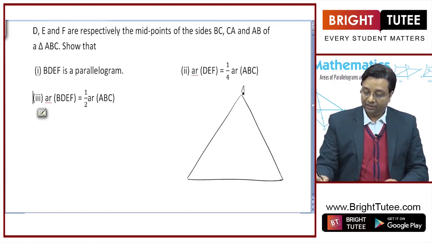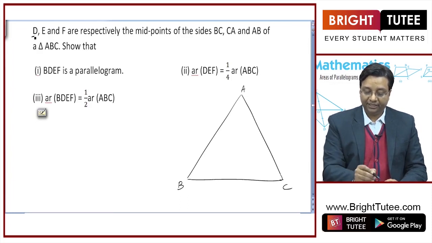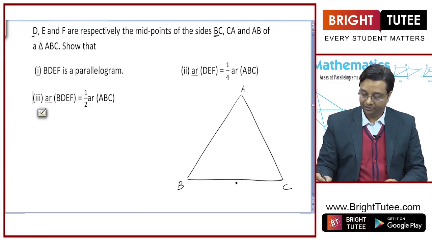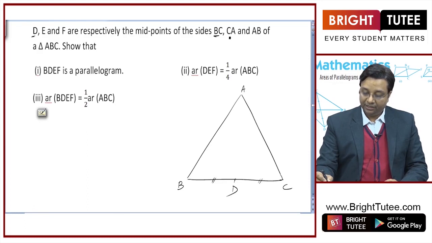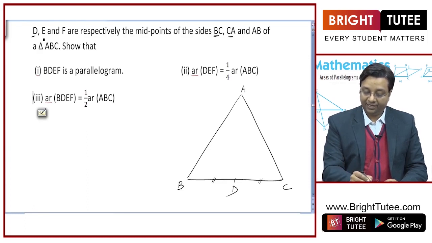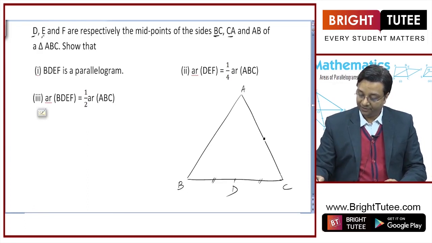So let us say this is triangle ABC. D is the midpoint of side BC, so I'll denote it by marking these segments equal. CA has got midpoint as E, so this is E here.